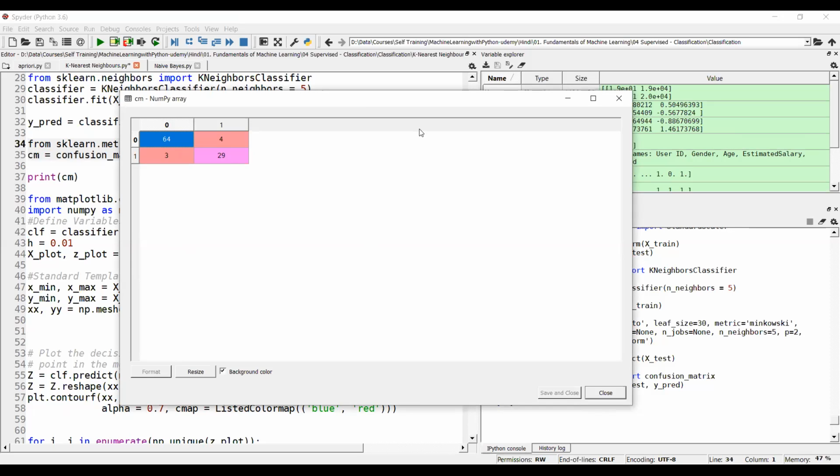How many? Which is in the true positive column. Right. See, the diagonal is your correct readings, the true positives and true negatives. So here you see, out of 100 readings, we are predicting 93 correctly. But does anyone remember in logistic regression how many correct readings we predicted? True positive plus true negative.